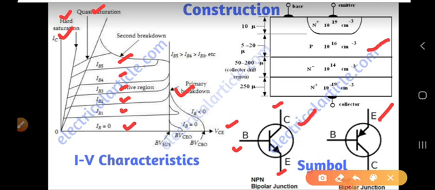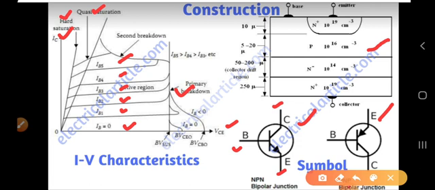Now what is next? That is the cutoff region and the active region. In the cutoff region, both the base-collector and base-emitter junctions will be reverse biased. Reverse bias means whatever supply you are giving to the three terminals is reverse biased.